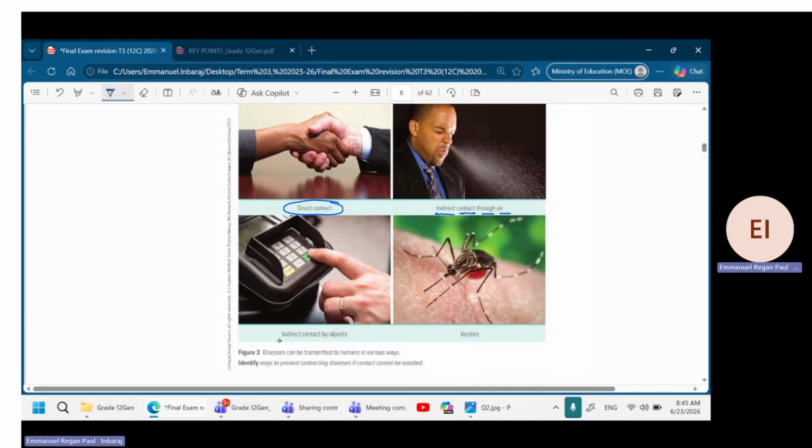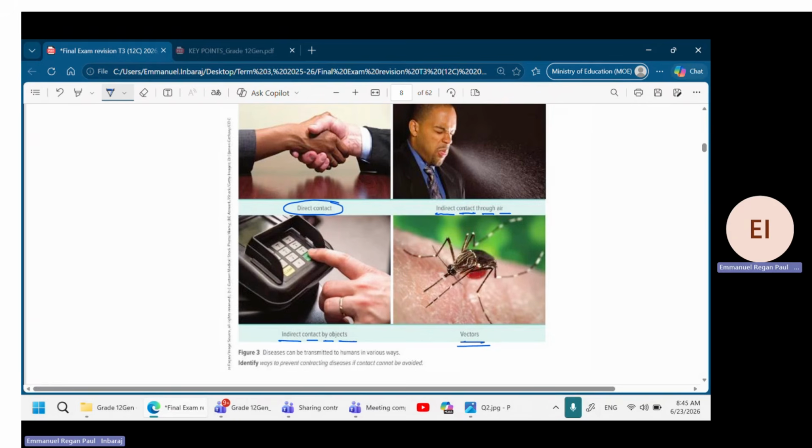And this is indirect contact by objects. See, he is touching an ATM machine or a door handle, anything. So this is objects. And the fourth one is vector. That means the disease spreads through vectors like mosquitoes, ticks, etc.